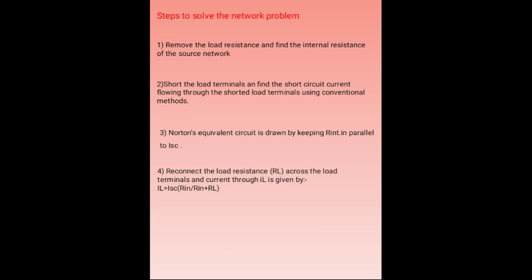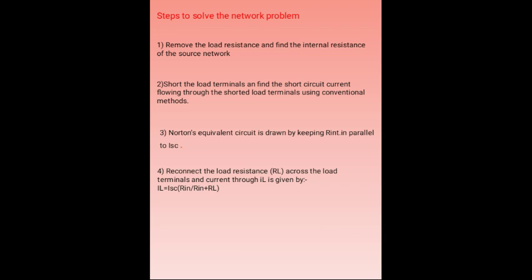Reconnect the load resistance RL across the load terminals, and current IL is given by IL equal to ISC Rin upon Rin plus RL. It means in the last step we will connect load resistance in parallel to R internal and we have to find the value of current IL using the current division rule.